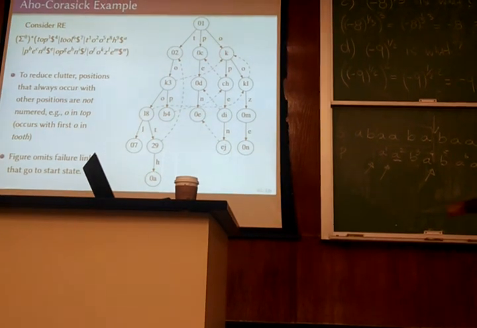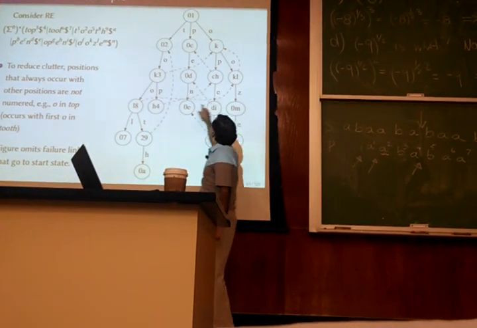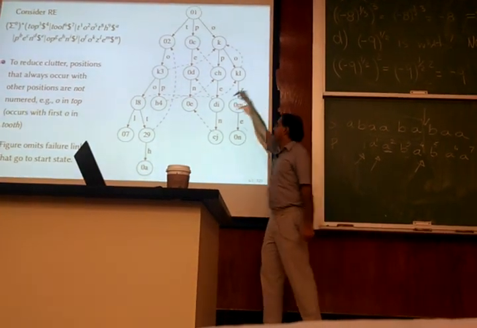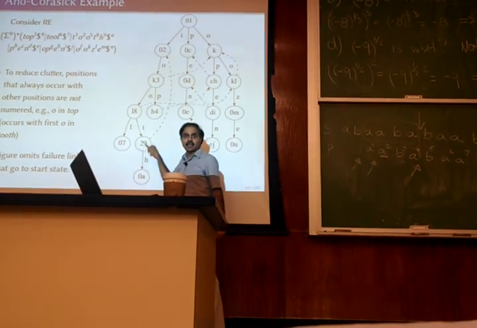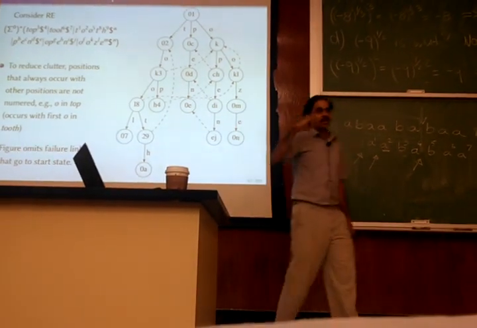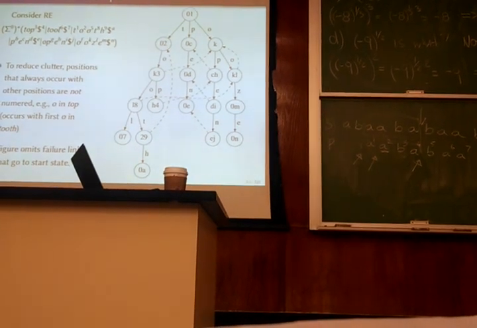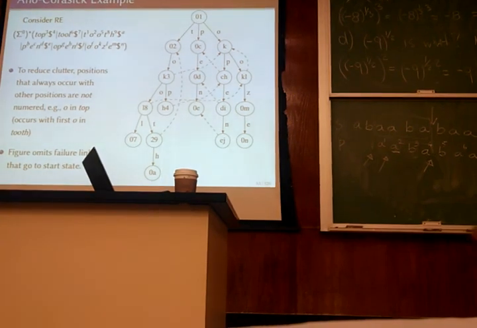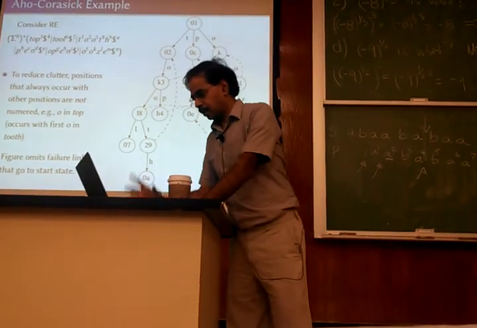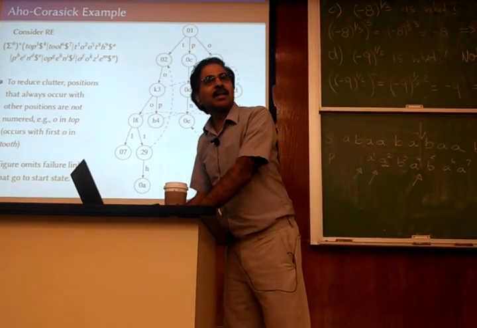So the way you figure out this state is by following the failure links, finding a position where you have a transition on this symbol. And this part is not different between K and P; it's exactly the same. It's a good question. I was trying to explain that, but somehow I lost track of it myself.